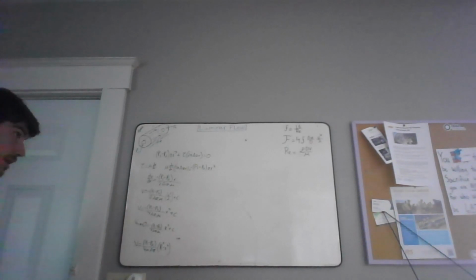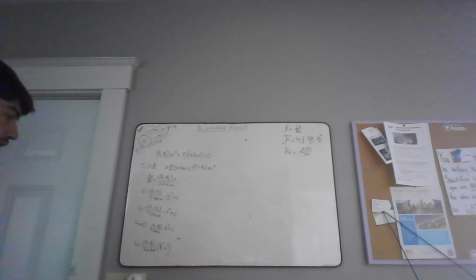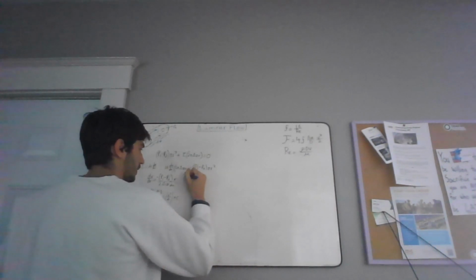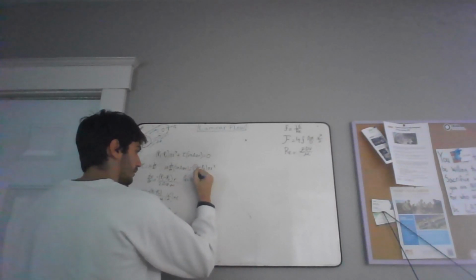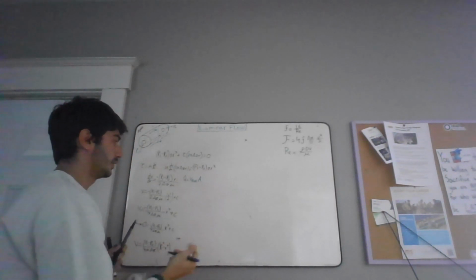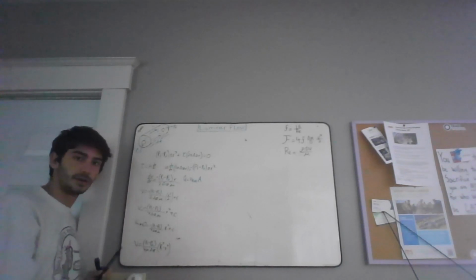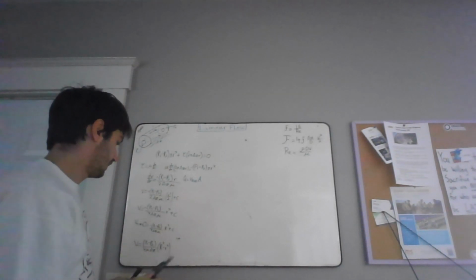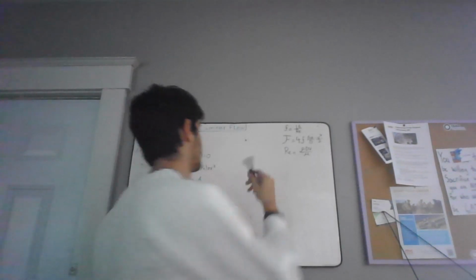Alright, that's our expression, and then we note that the volumetric flow rate is equal to the average velocity multiplied by the area, right? So what we can do is multiply this expression by the area so that we get the volumetric flow rate. So go ahead and plug this over here.